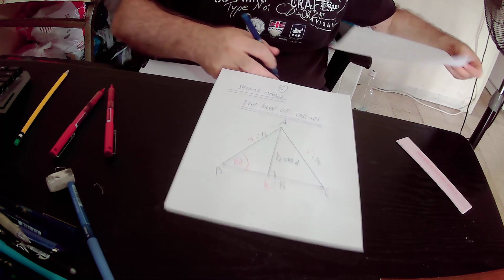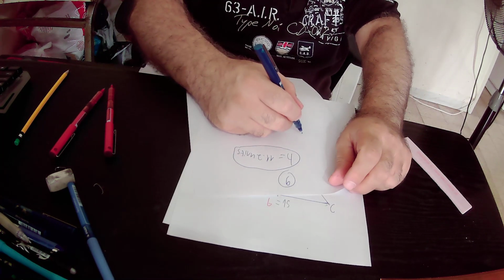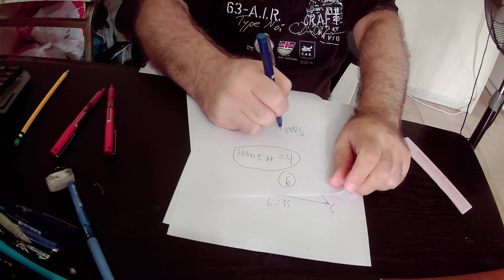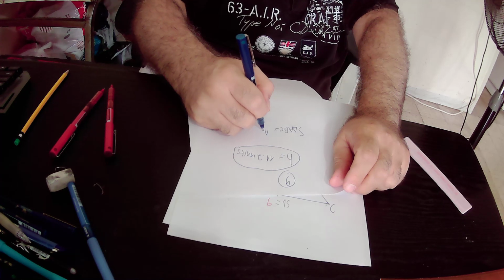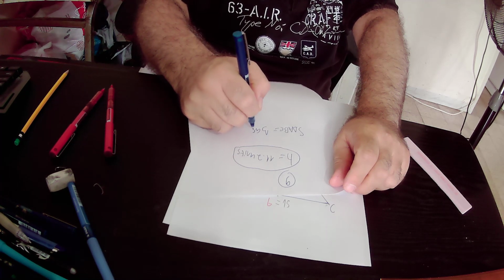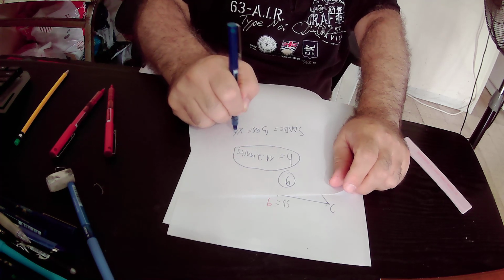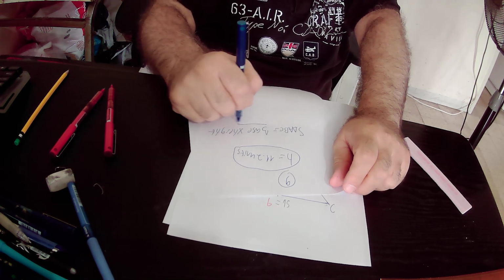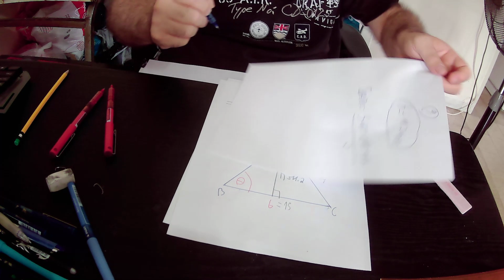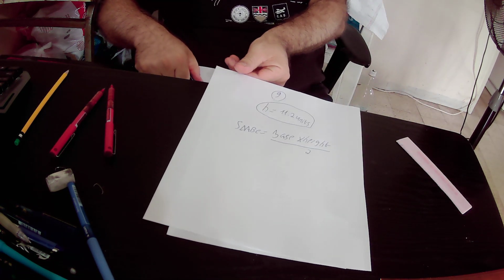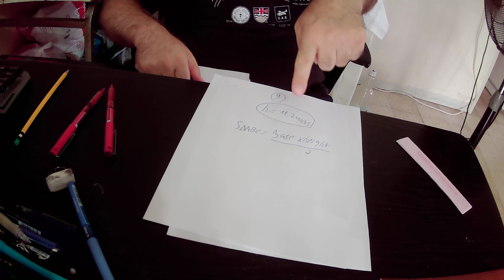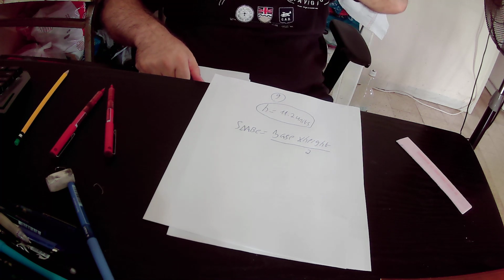So the area of triangle ABC will be equal to the base times the height over 2. That is the formula for any triangle, and especially on triangle ABC. It is the base times the height over 2.